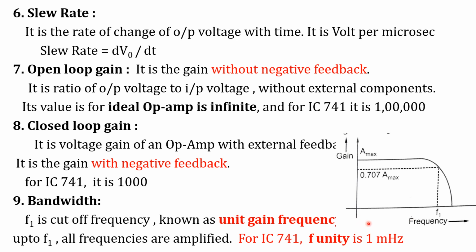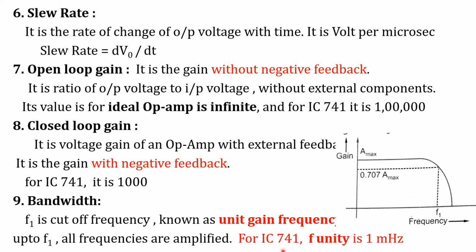F1 is the unit gain frequency at which the maximum gain multiplied by 0.707 gives F1, that is the cutoff frequency or unit gain frequency. Up to that frequency, all frequencies get amplified. Therefore, the bandwidth is 0 to F1, F1 minus 0, that is F1 Hertz, the bandwidth of the operational amplifier.